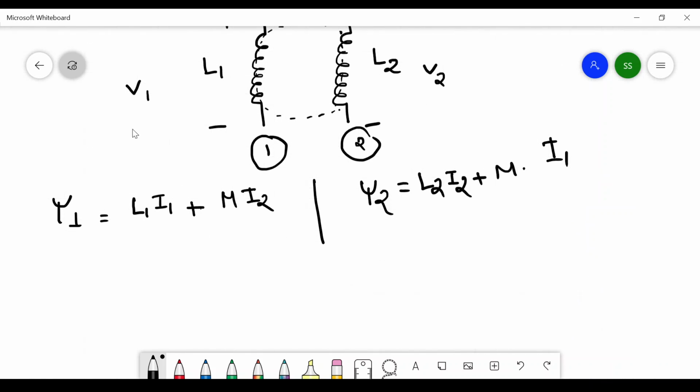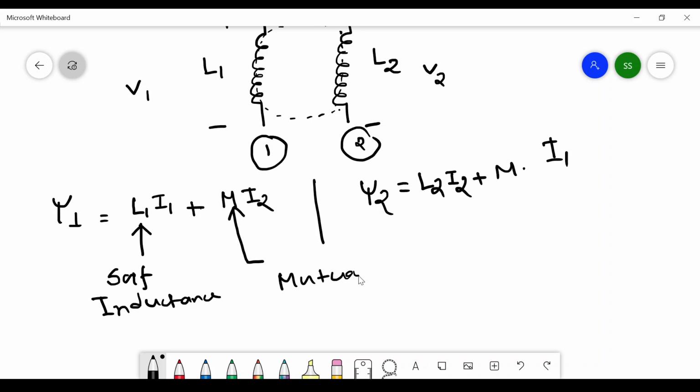So this L1 is the self inductance and this M is called the mutual inductance.